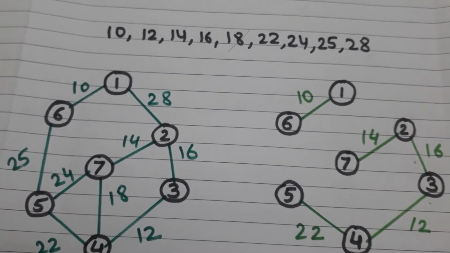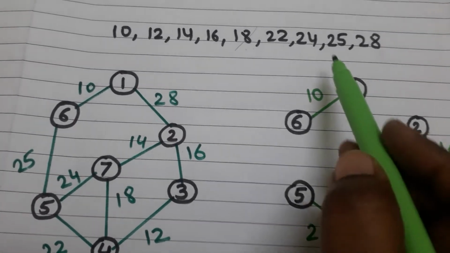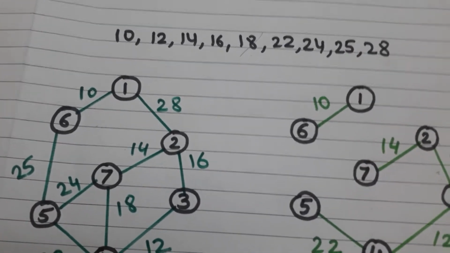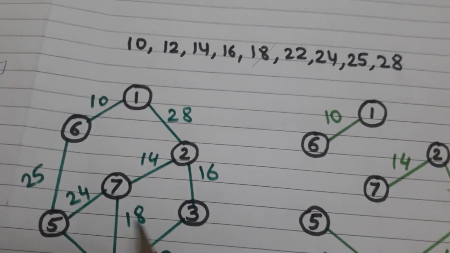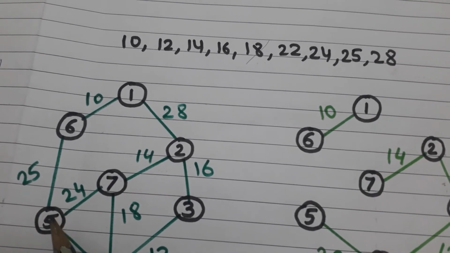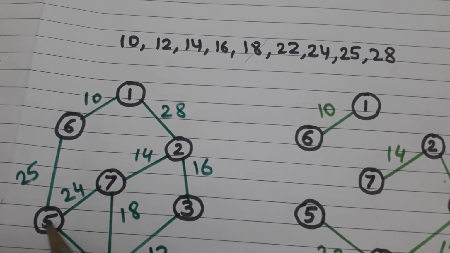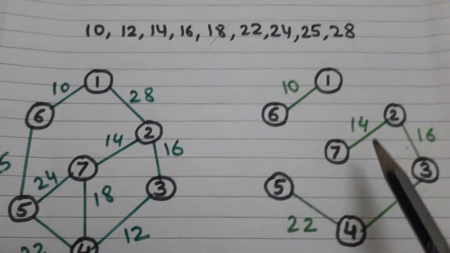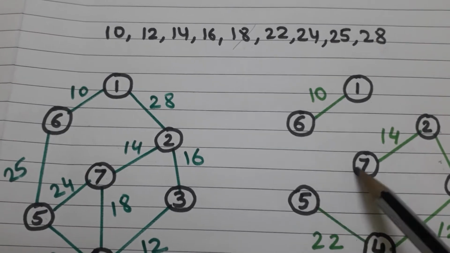Now after 22 the next edge is 24. Now if we draw 24, again check here. If we draw the edge 5 to 7 or 7 to 5 with weight 24, then it will create a loop, right?